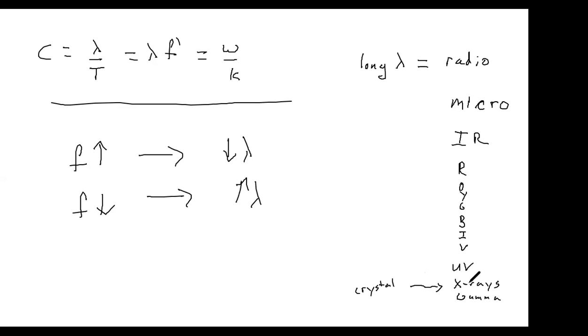So you use X-rays to probe a lot of crystal structures in chemistry. Gamma rays start to be nuclear sized, and then you can work out their corresponding frequency, because you know the product of wavelength times frequency is the speed of light.